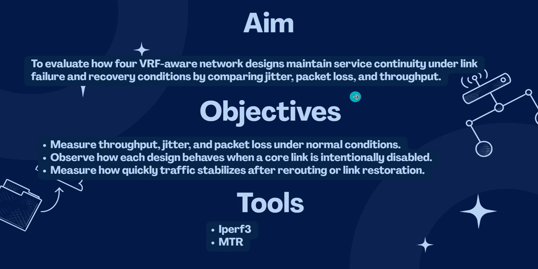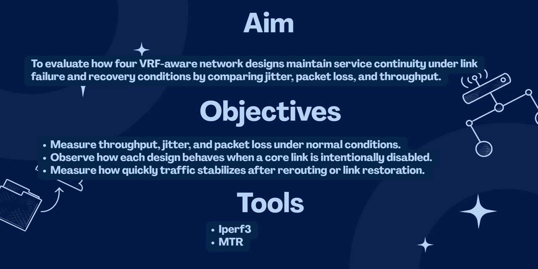The aim of this project is to evaluate how four VRF-aware network designs maintain service continuity under link failure and recovery conditions by comparing jitter, packet loss, and throughput. The objective is to measure the link condition during normal conditions, and to measure the jitter and packet loss during the failure.